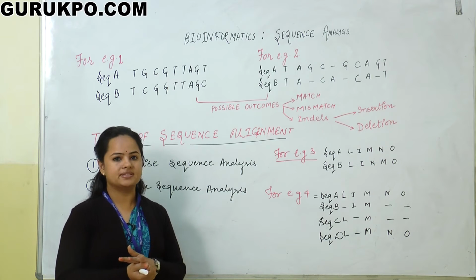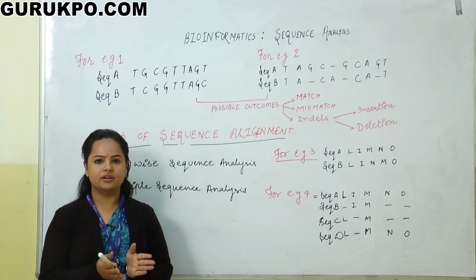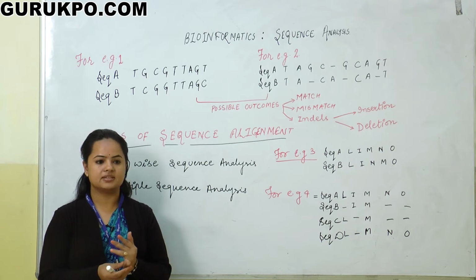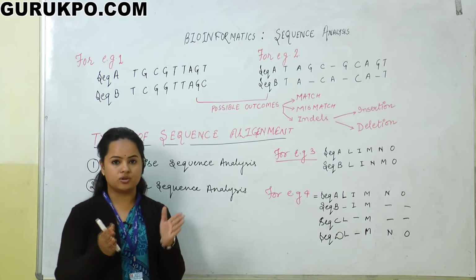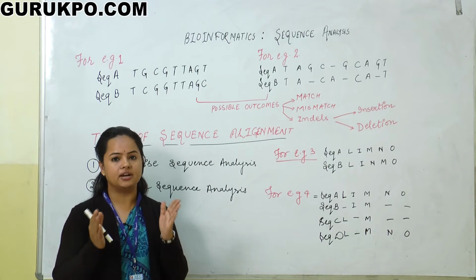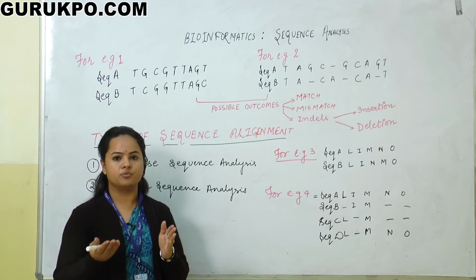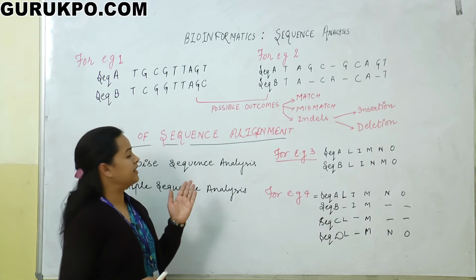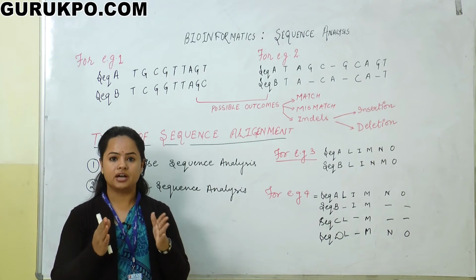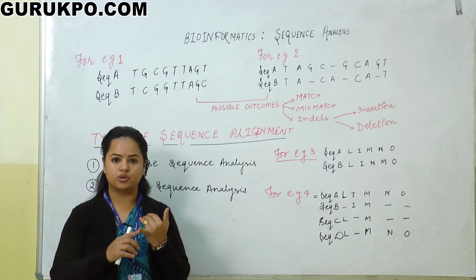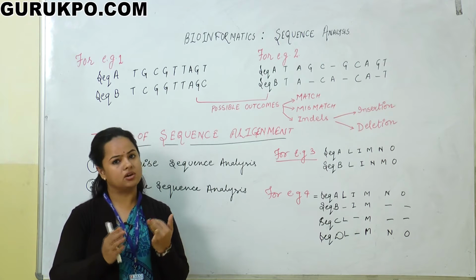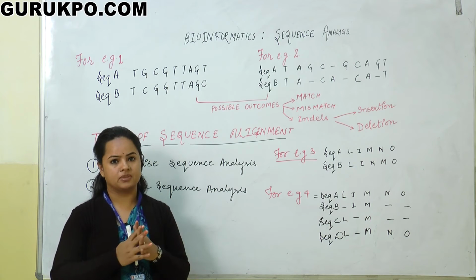Basically, bioinformatics is the field where different kinds of fields like biology, computer science, and information technology all work together to store different kinds of data and to retrieve information from that. Bioinformatics is the field where different kinds of sequences of nucleotides and proteins, and their structural history, are stored.